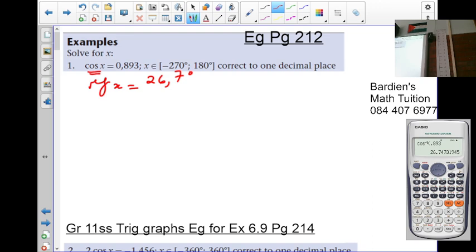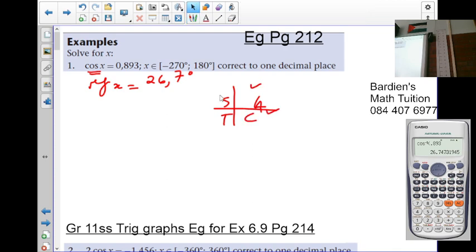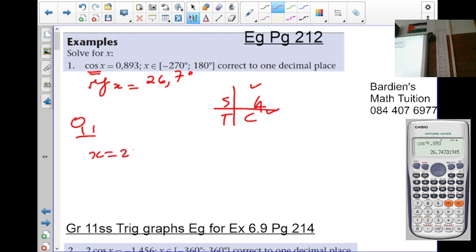So what question comes to mind? In which quadrant is cos positive? It's all stations to Claremont, where is cos positive? Quadrant 1 and 4. Okay, so let's go with quadrant 1. So in quadrant 1, it's going to be x is equal to 26,7 plus k times 360.